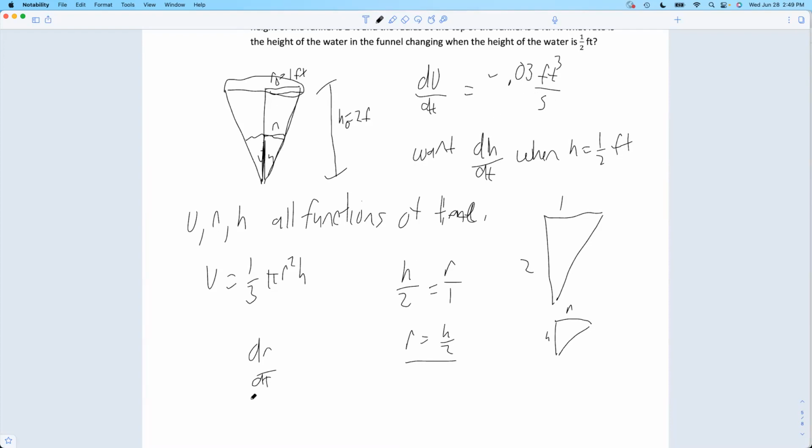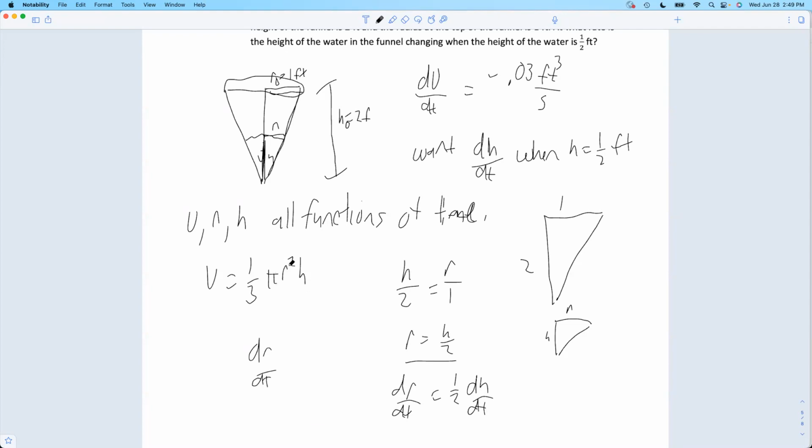They only tell me dV/dt. I would have to do a little more work to figure out, well, if H is changing at this rate, then how quickly is R changing? And we could get that from here. Taking the derivative of both sides, dr/dt would be 1/2 dh/dt.